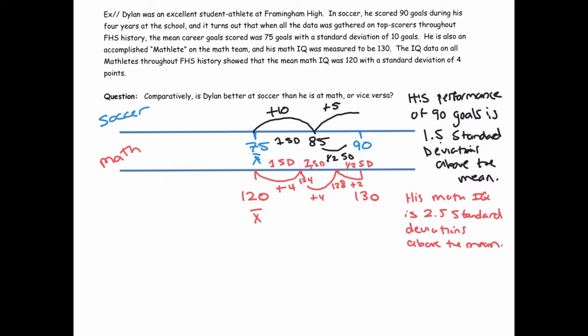But in terms of standard deviations, his performance in soccer is not as good as his math IQ, because his math IQ is more standard deviations above the mean, which tells you that his math IQ is a more rare phenomenon than his performance in soccer. 1.5 standard deviations above the mean is good, but it's not as good as being 2.5 standard deviations above the mean.